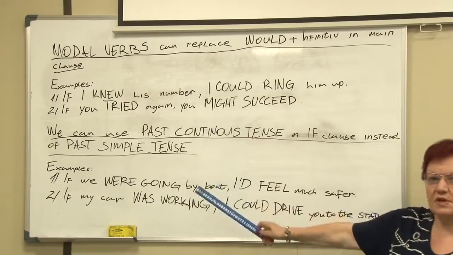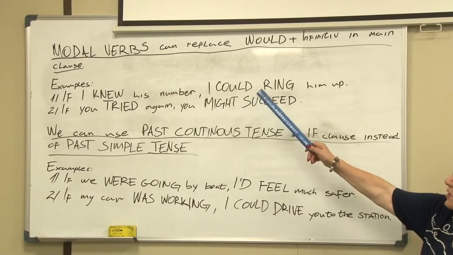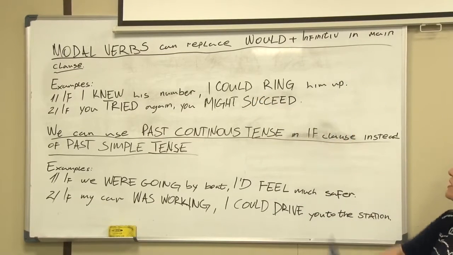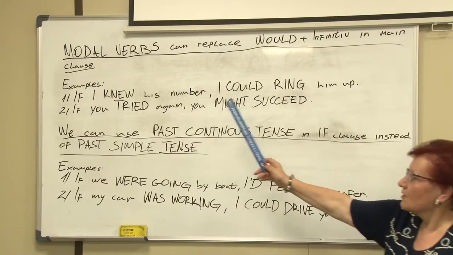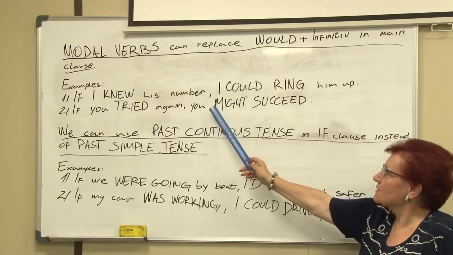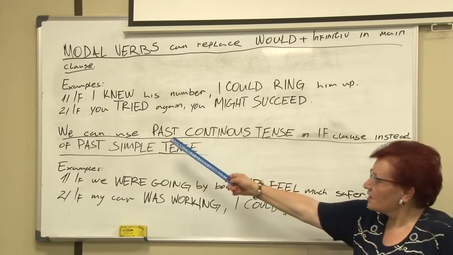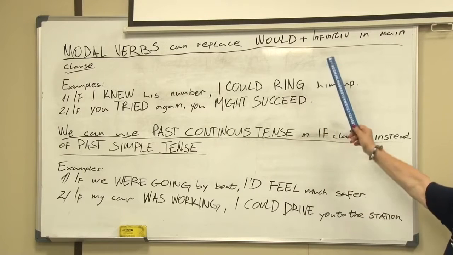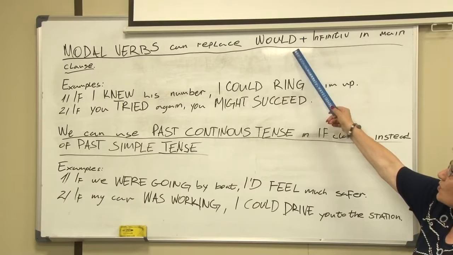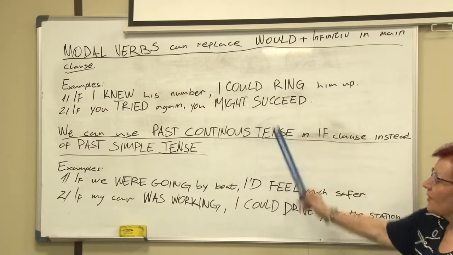Here we have some variations from what I told earlier. Modal verbs can replace would plus infinitive in the main clause. Here are some examples. The first one, if I knew his number, I could ring him up. And the second, if you tried again, you might succeed. What you can see is that it is no more would plus infinitive, but could and might.